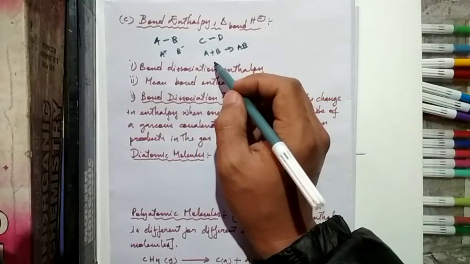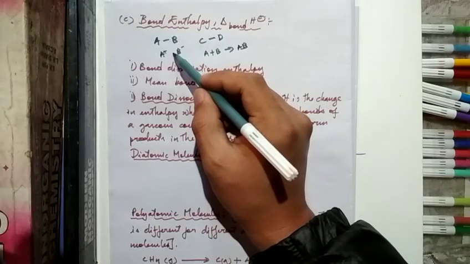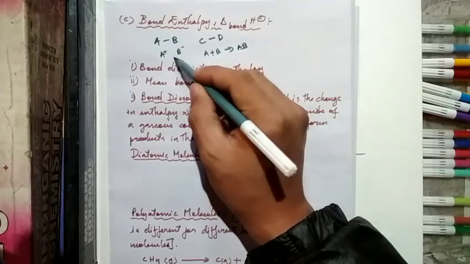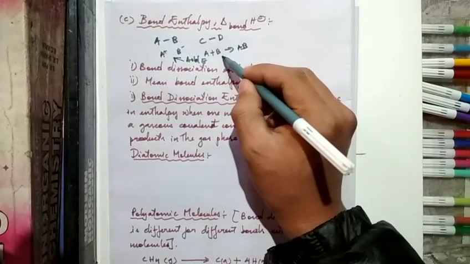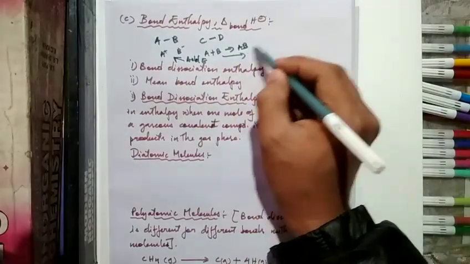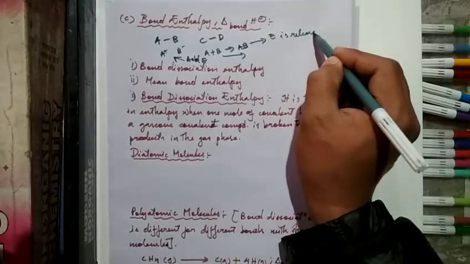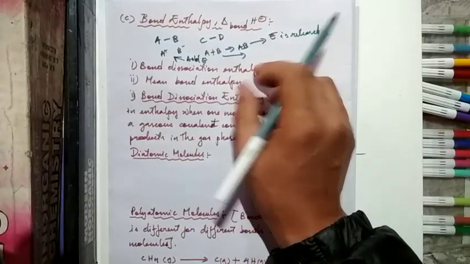So when this bond is broken, energy is required. We need to add energy. When a bond is formed, energy is released. So energy will be released during the formation of a bond.